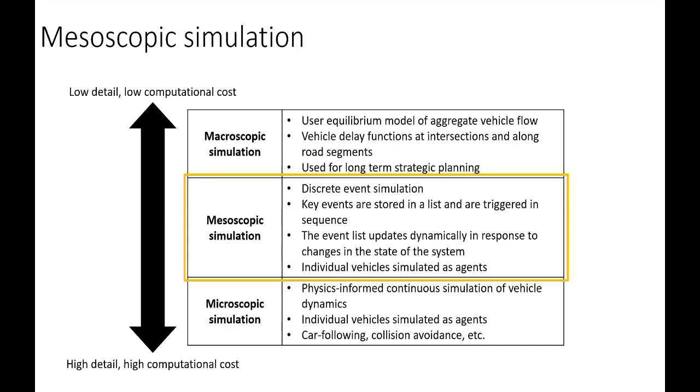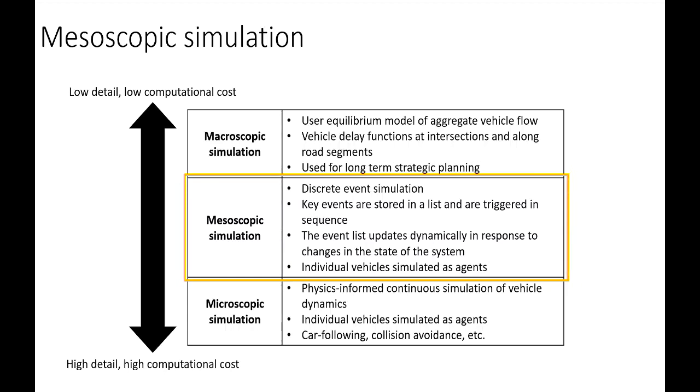You can see congestion, for example, arise out of that. So that's the type of simulation we're working with. The idea is that we want to use this one so that we can still get some richness of the traffic phenomenon, but with a computational cost that's reasonable.